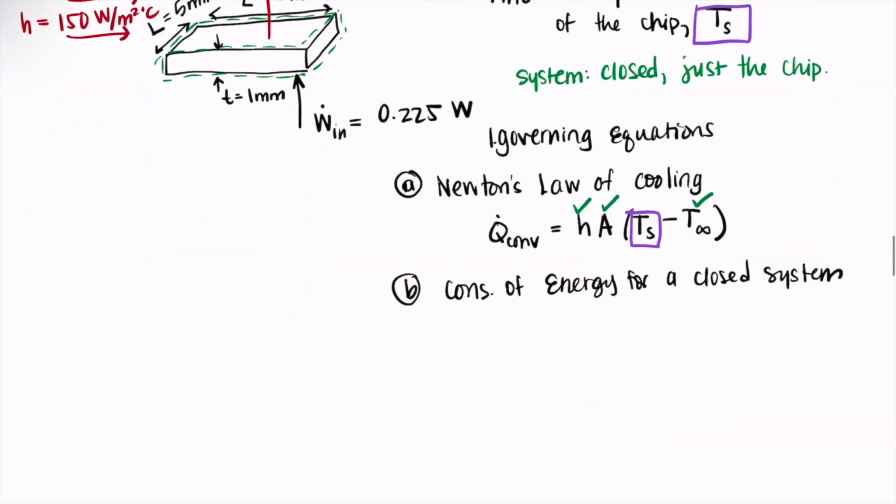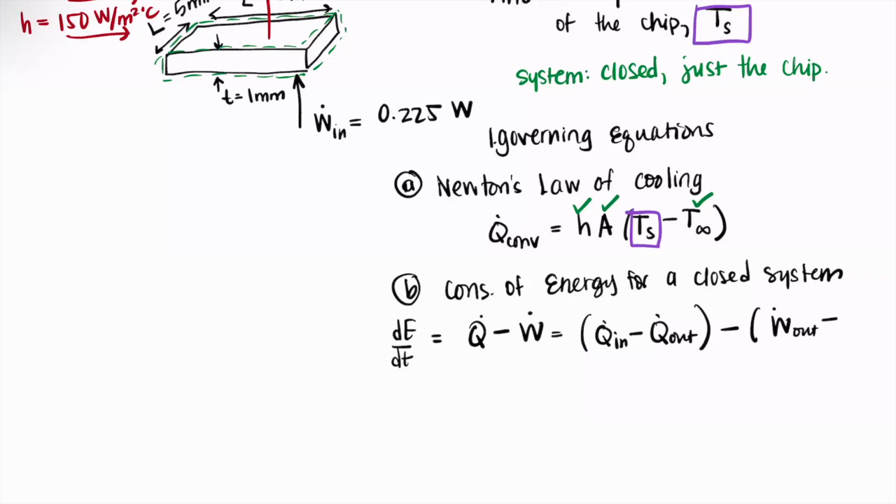All right, so that looks like dE dt is equal to Q dot minus W dot. And remember, Q dot for our system is Q dot in minus Q dot out, minus W dot out minus W dot in.